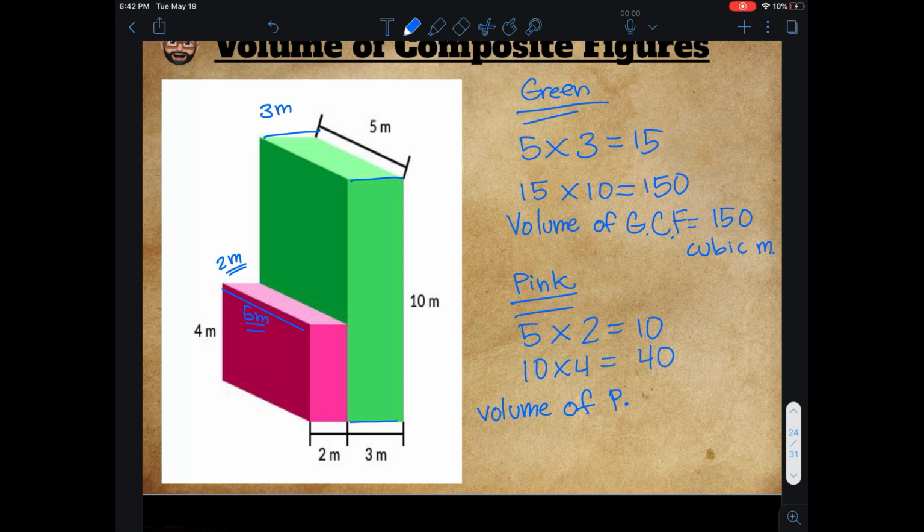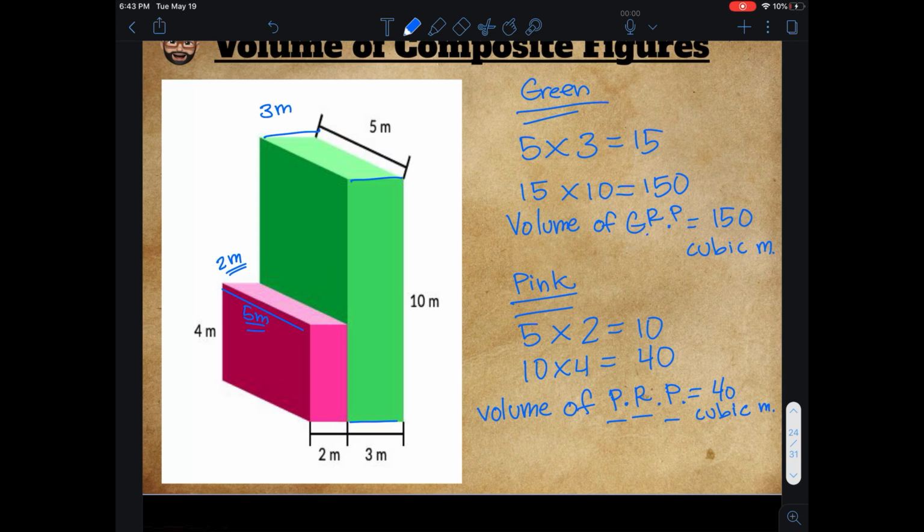It's the pink rectangular prism, and the volume of that is 40 cubic meters. And I wrote GCF earlier, oops. It's actually the green rectangular prism. There we go, that's better.